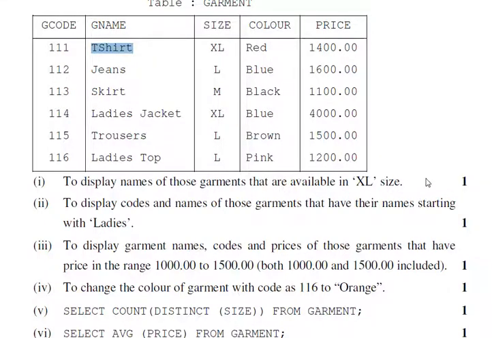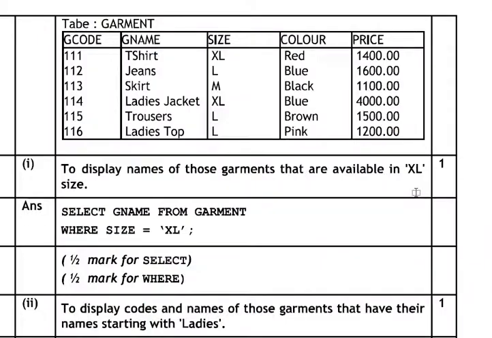Now let us see how your examiner evaluates this answer. Okay, so allow me to jump to the marking scheme. Here you can see the same question, and here is the answer: select gname from garment where size equals single quotes or double quotes Excel.